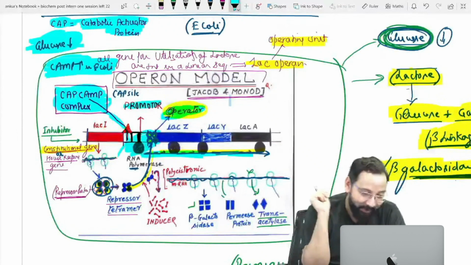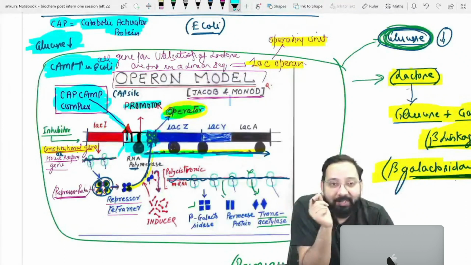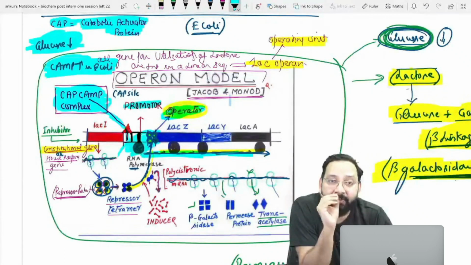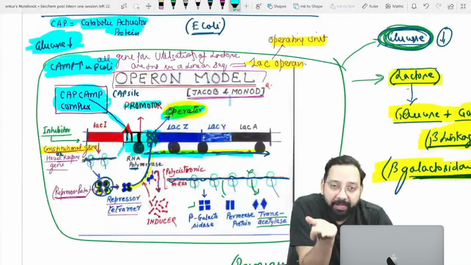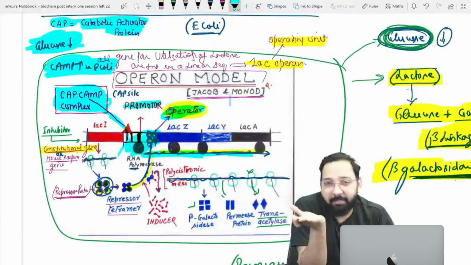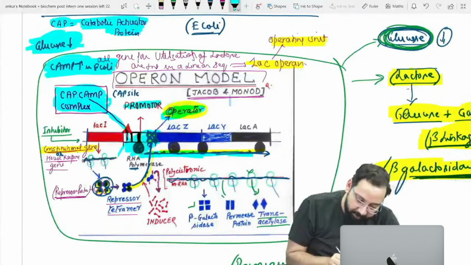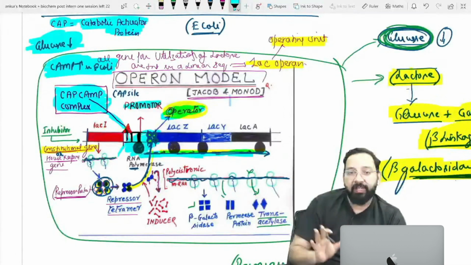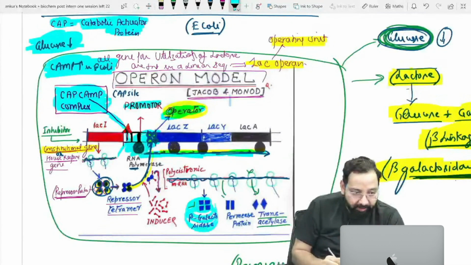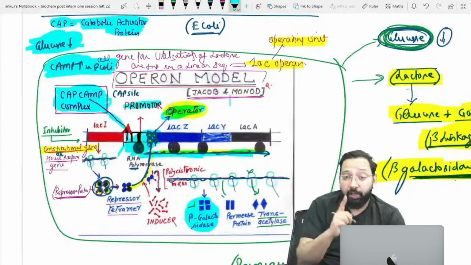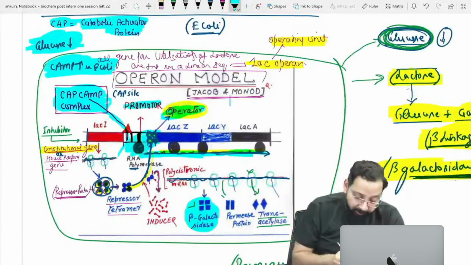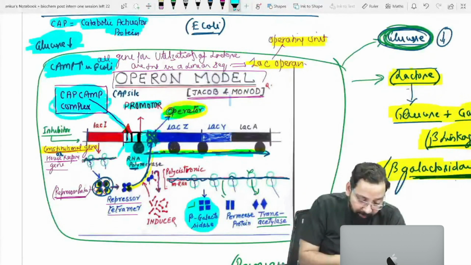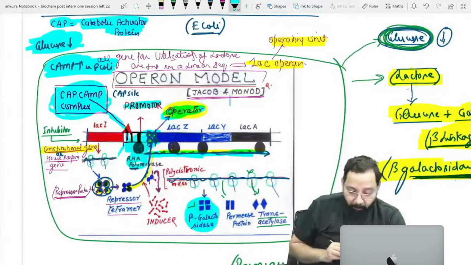This RNA polymerase will follow cyclic AMP, because if cyclic AMP is increased, it means glucose is not there. Either synthesize beta galactosidase or E. coli will die. So this RNA polymerase will follow the CAP cyclic AMP complex.